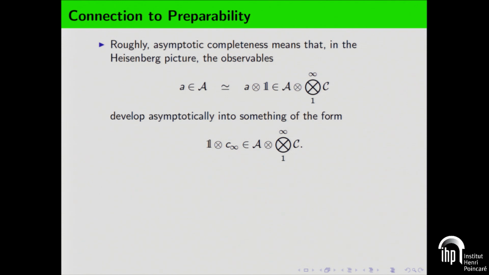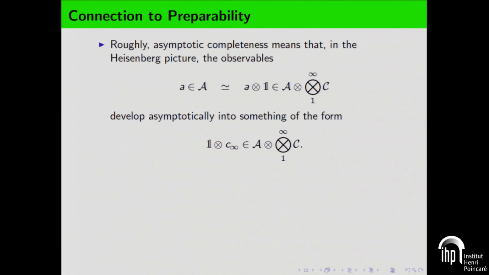Look at the observables in A, which we think of embedded as A tensor 1 in the big algebra. And asymptotic completeness says that asymptotically this is transformed into something of the form 1 tensor, call it C infinity, something in this infinite tensor product of the C's.